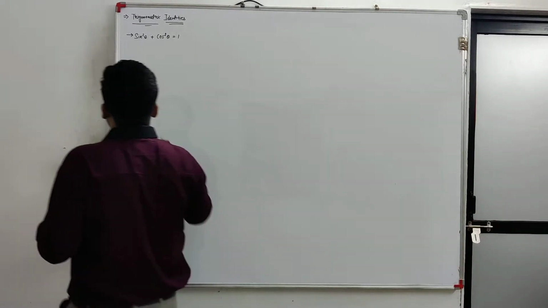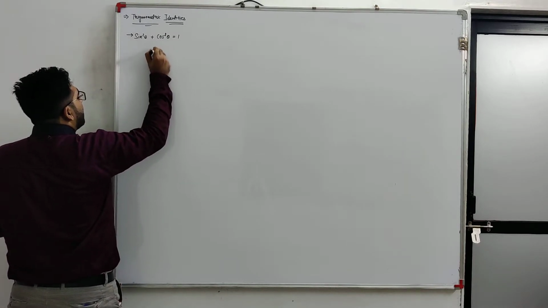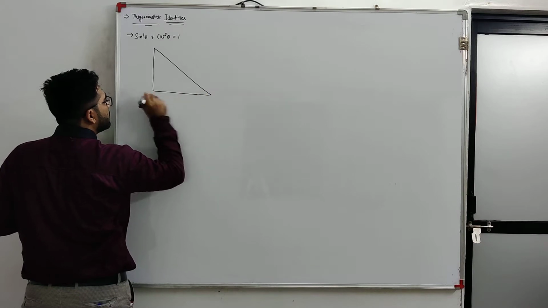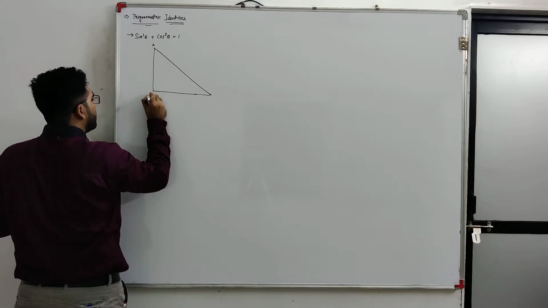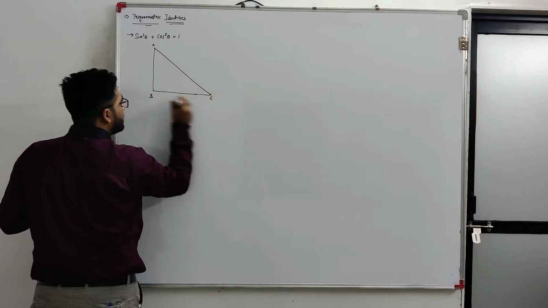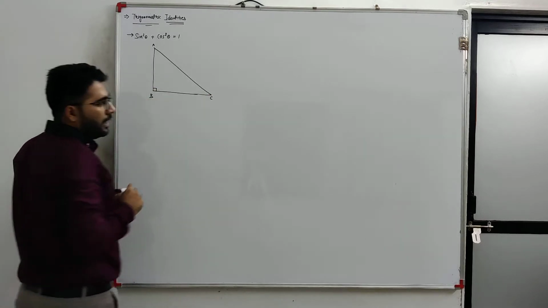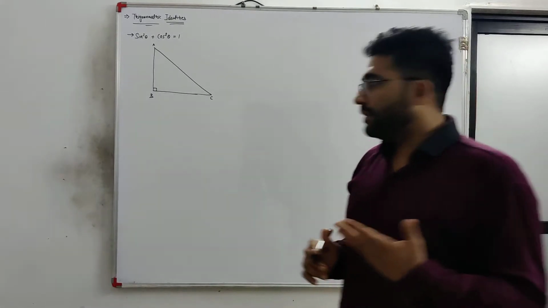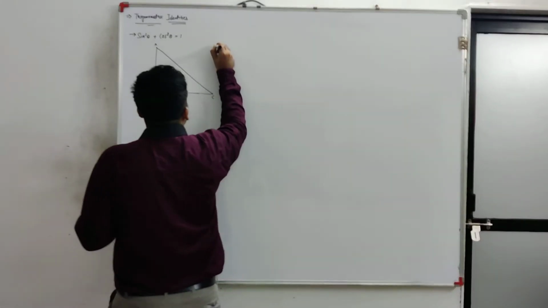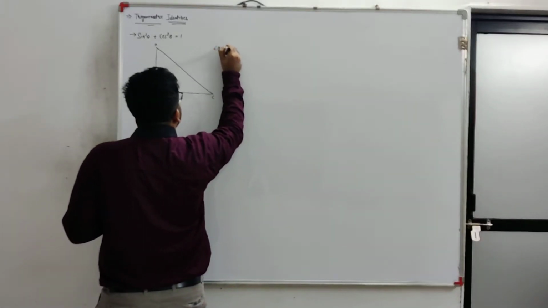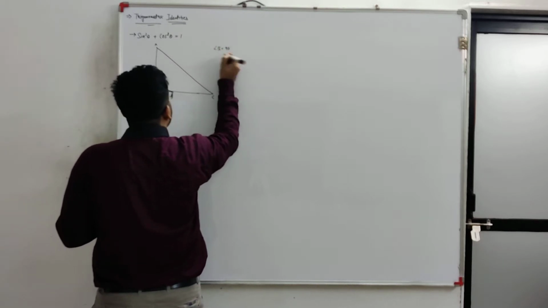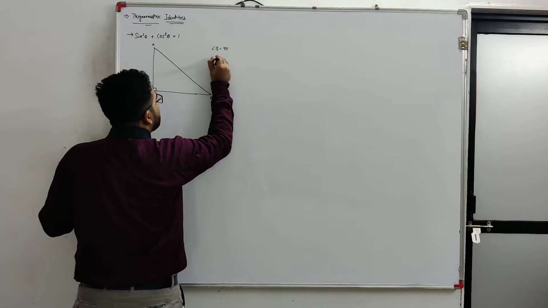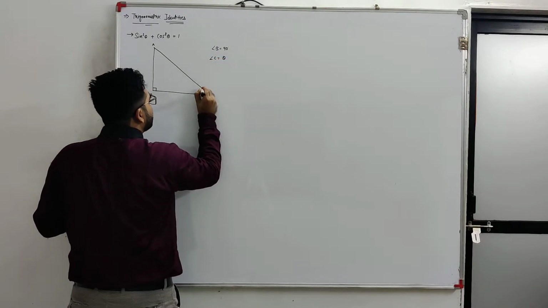For that, let me take a right angle triangle ABC, in which angle B is equal to 90 degree, and here I am taking angle C is equal to theta.